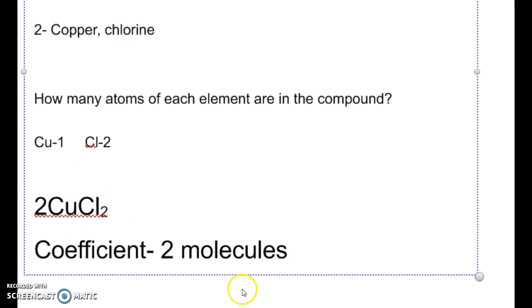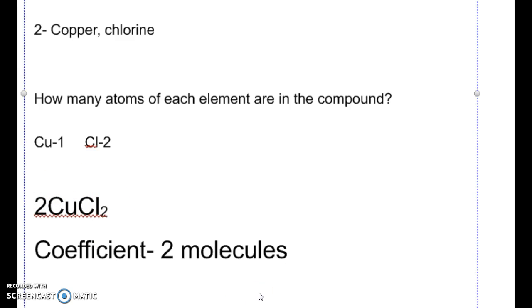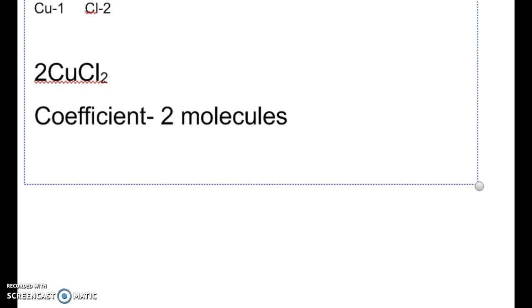And just like in math, a coefficient multiplies or distributes to everything. In this case, you would still have 2 elements, which are copper and chlorine, but if I ask you how many atoms of each, you would tell me that Cu has 2 times 1, which gives you 2. And then Cl now has 2 times 2, which gives you 4.